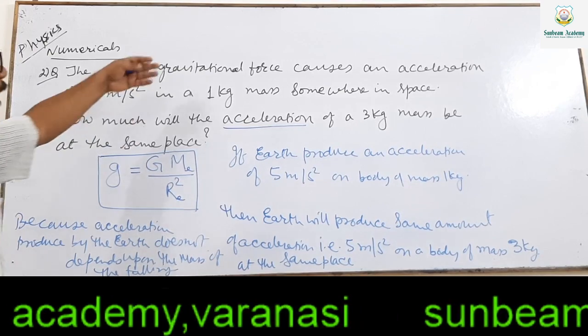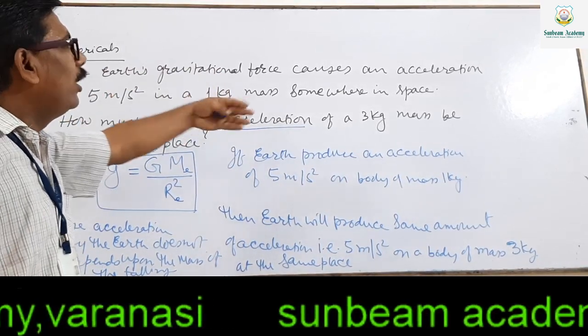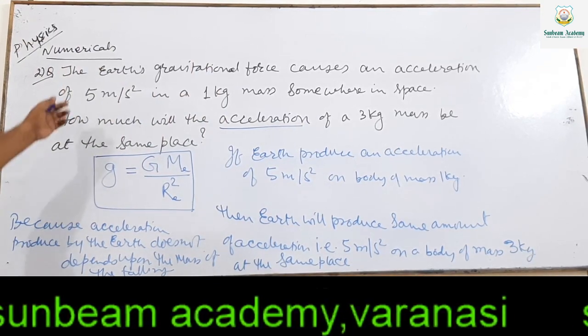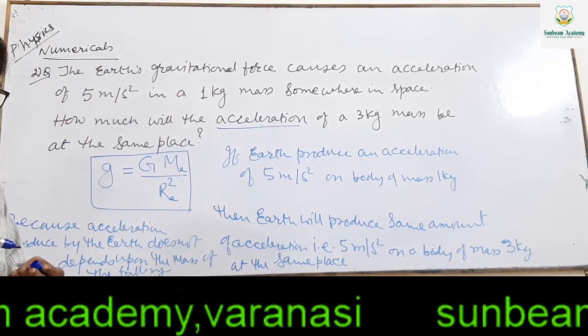So, whether the mass of the falling object is 1 kg or 3 kg, the acceleration produced will be the same, that is 5 meter per second square.